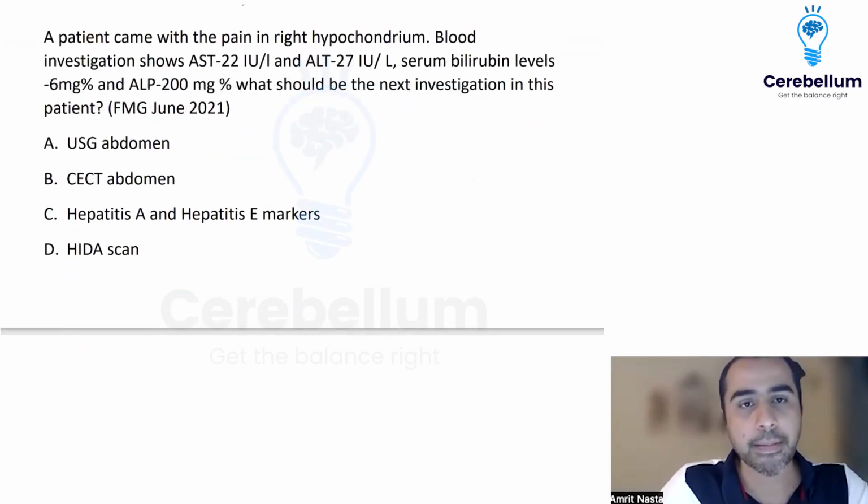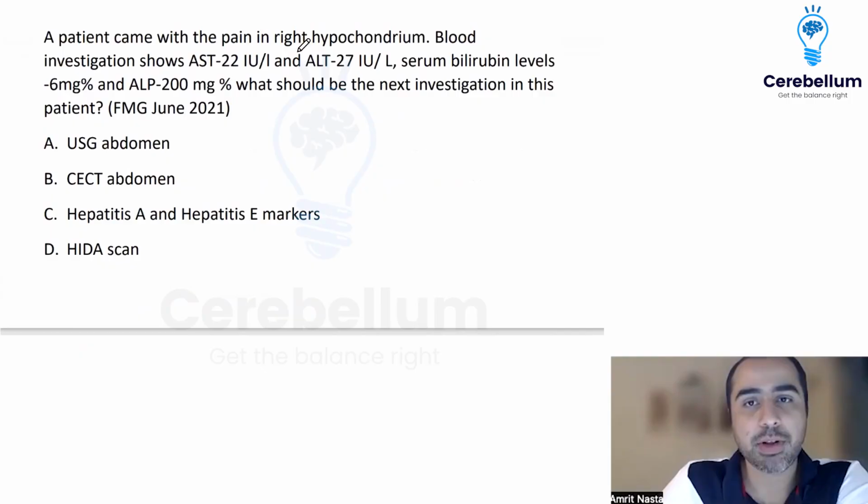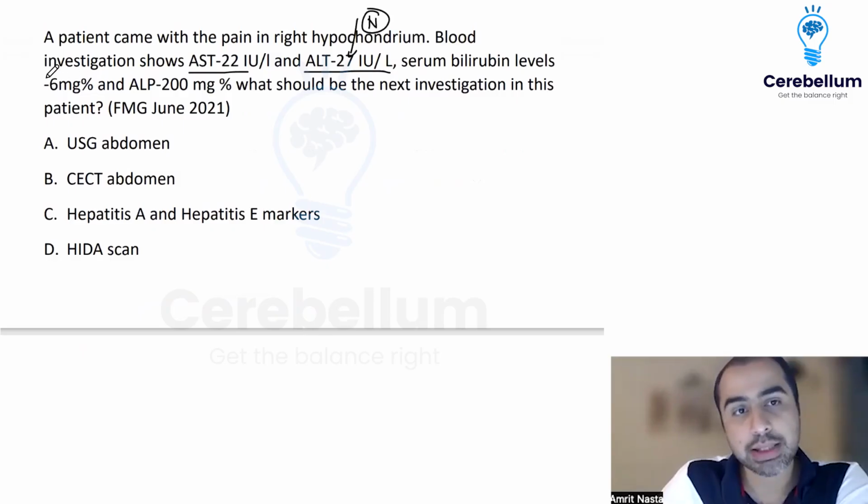Answer this. Patient came with pain in the right hypochondrium, SGOT, SGPT are normal. All this is normal. Bilirubin is 6. 6 means it is high. Alkaline phosphatase is borderline high.